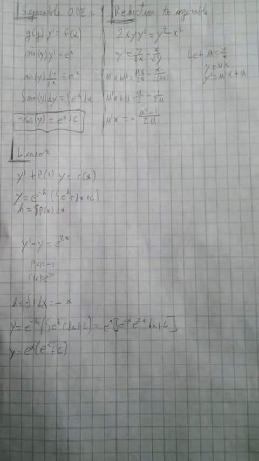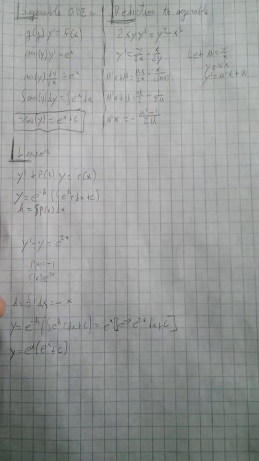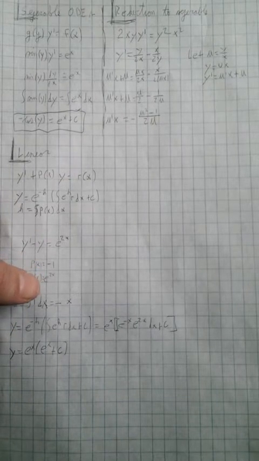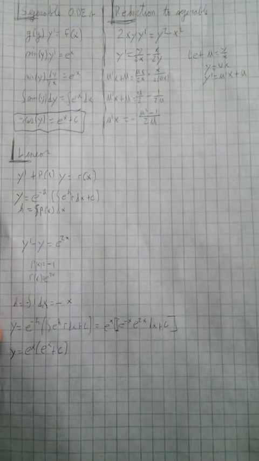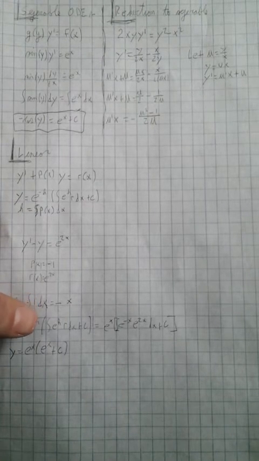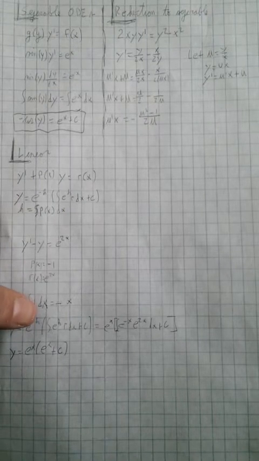So then you go to your h equals the integral of minus 1 dx, which turns out to be negative x, and you plug everything together and you get y equals e to the negative h times the integral of e to the h r dx plus c.